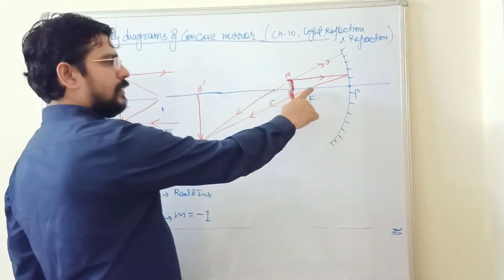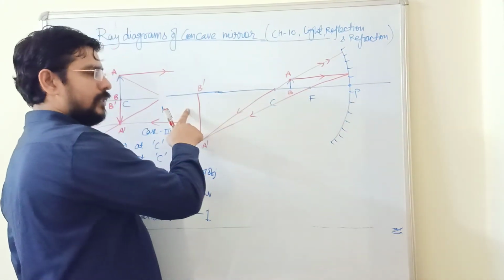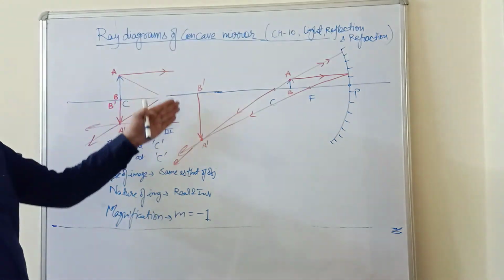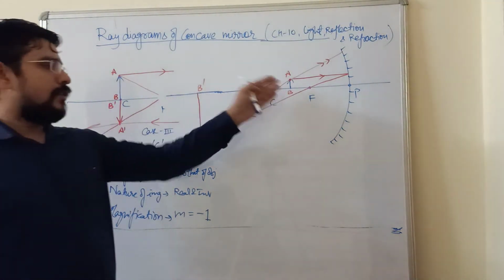as the object is between C and F, the image is beyond C. Not only is the image beyond C, but the image is much larger than the size of the object.